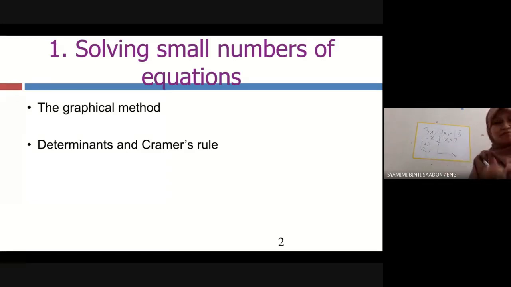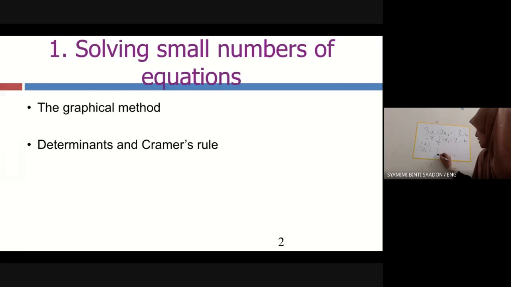So try to do it on your own paper, sketch pad or anything, and sketch the first line, L1, and L2, linear 1 and linear 2. 3x1 plus 2x2 equals 18. So how is the graph? In the x1, x2 axis, and then the second one. Try to sketch it, and then find the intersection point. Okay, try to do it.